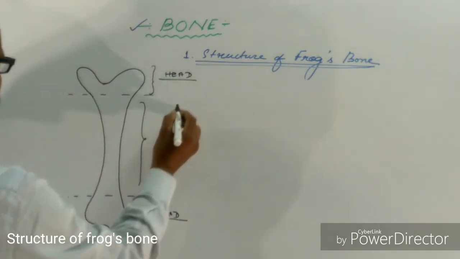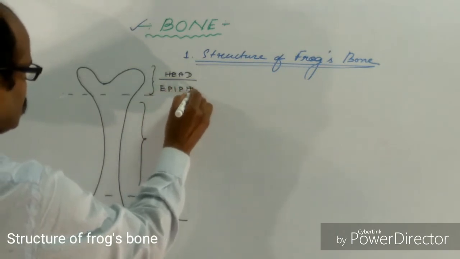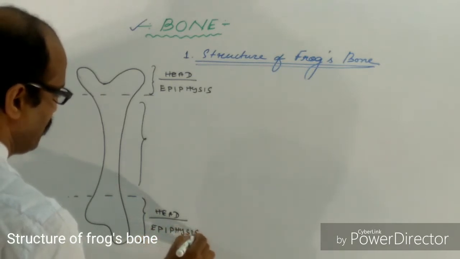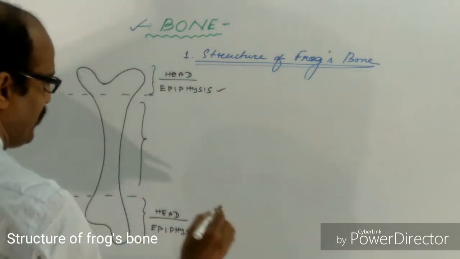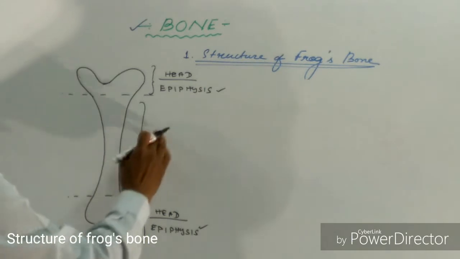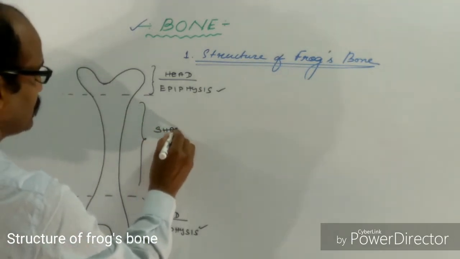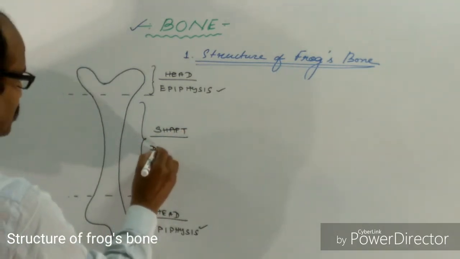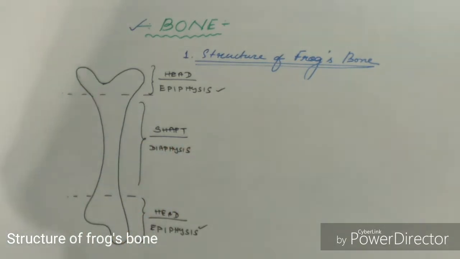The head region is known as the epiphysis. Between these epiphysis regions, the middle portion is known as the shaft, and such shaft region is known as the diaphysis.